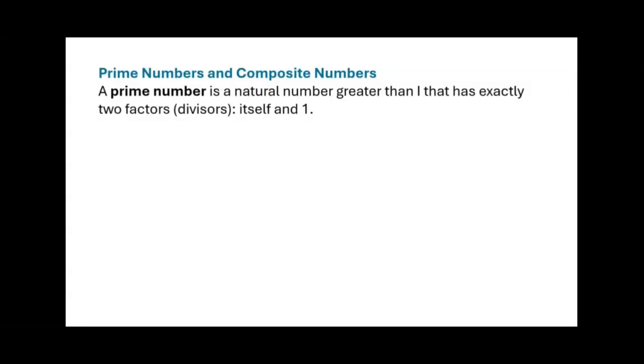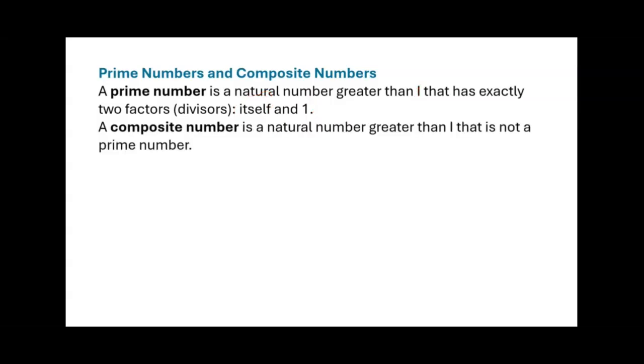Okay, after that, now we can talk about prime numbers. A prime number is a natural number greater than 1 that has exactly 2 factors or 2 divisors: itself, so the whole number, and 1. So it has exactly 2 factors or 2 divisors, no more, no less.